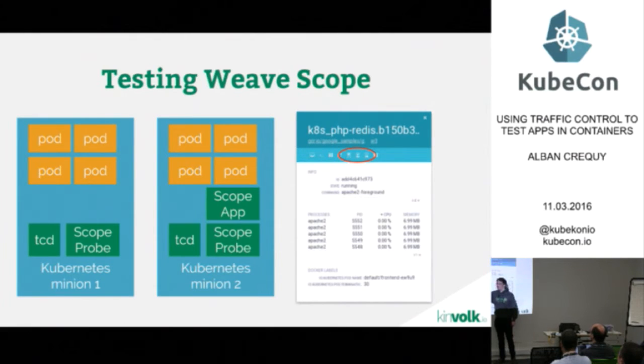There is one scope probe on each node. It's installed as a daemon set in Kubernetes. And there is one TCD on each node. I set it up as a daemon set as well. And I added some patch on Weave Scope to add some buttons here to change the properties of the queuing discipline network emulator on the specified pod.